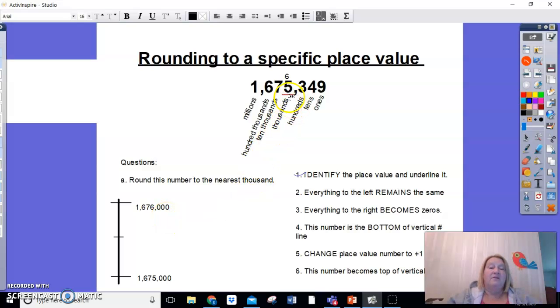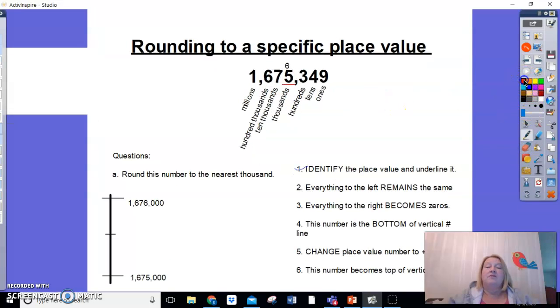So now I go next door. I have my 5 underlined. I'm going to go next door, and I'm going to circle the number next door. It's a 3. Now, if it's 0 to 4, it's going to stay the same. It stays a 3. It stays a 2. It stays whatever it is in the place value.